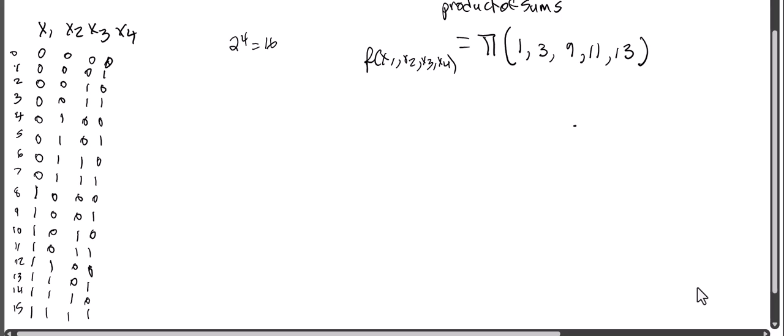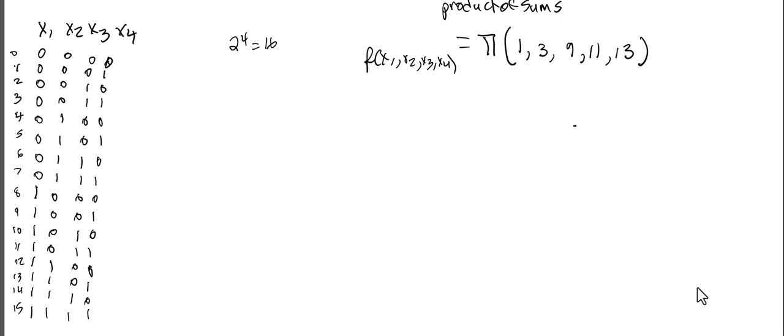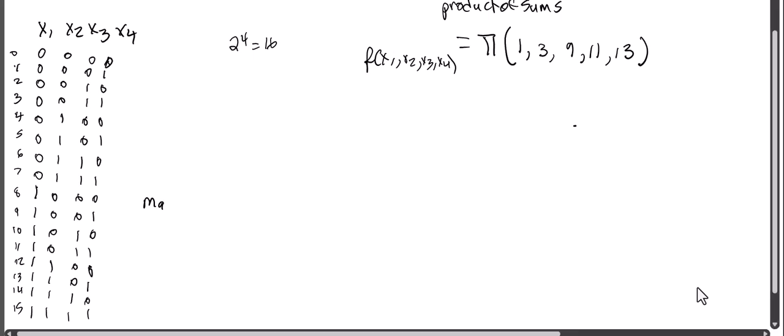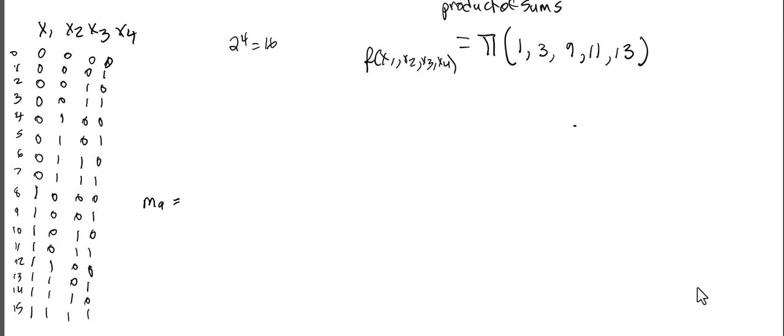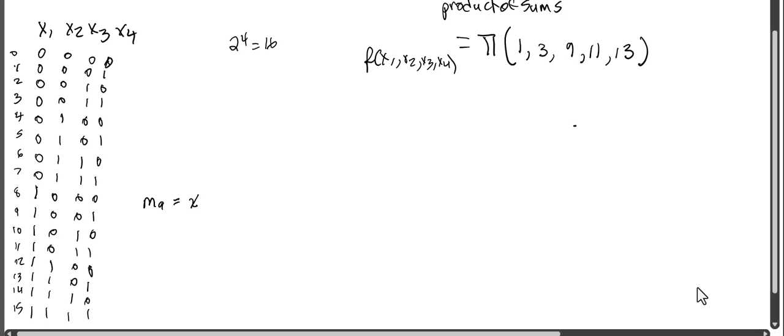And if I want to get the min term for one of these, I can just look at it. So like min term 9, if I look at 9, that has x1 not complemented, x2 complemented, x3 complemented, and x4 not complemented.